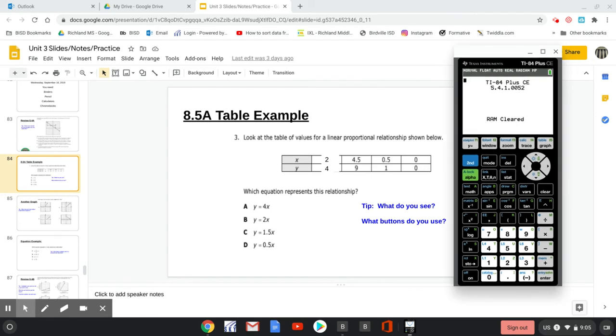So it's already cleared. I'm going to hit Stat, Enter. Then I'm going to put in X. I'm going to put in 2, enter. 4.5, enter. 0.5, enter. And 0. I'm going to tab over.